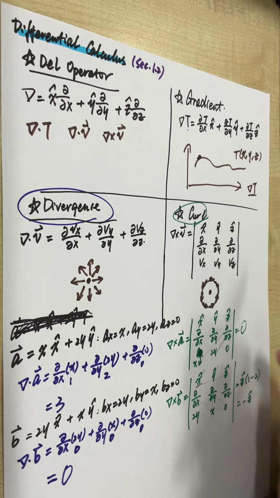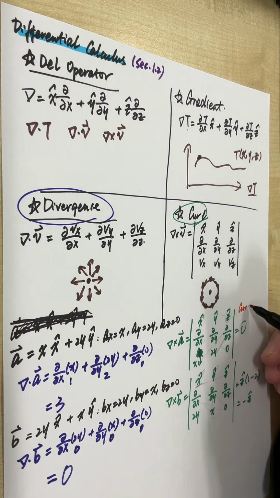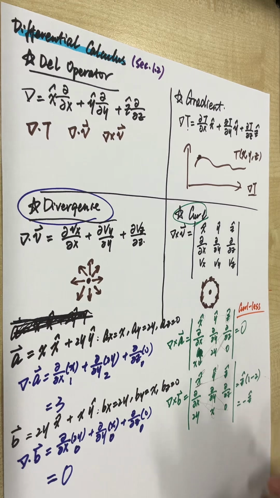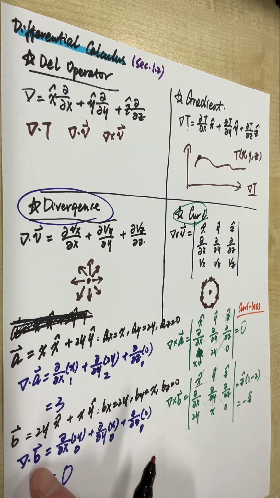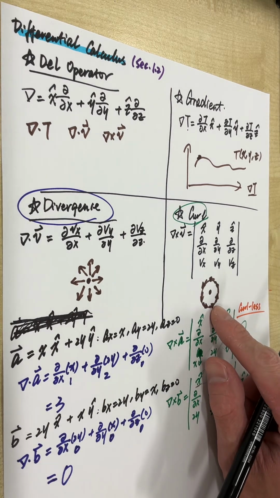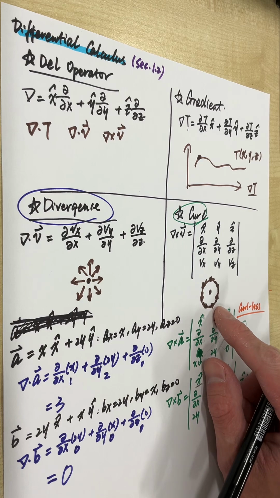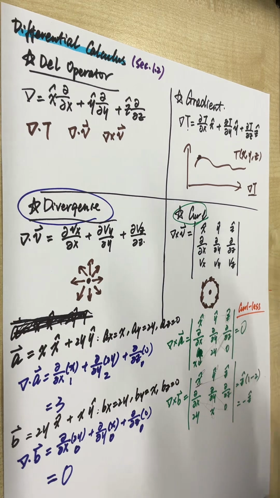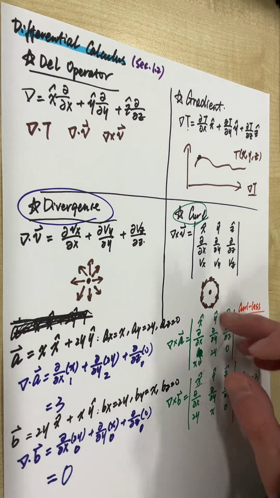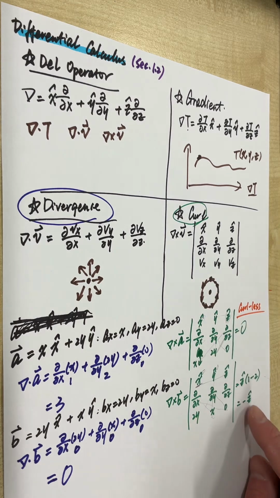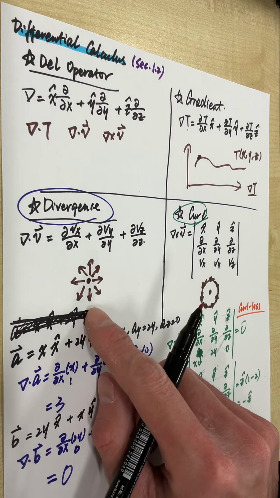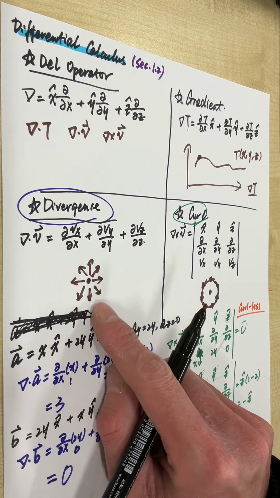We call this vector curlless. And then B looks very much like a magnetic field, or magnetostatic field, from a static current. So it curls. So here we have curl, but it has 0 divergence.